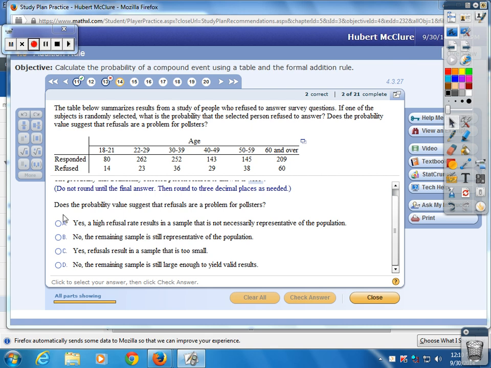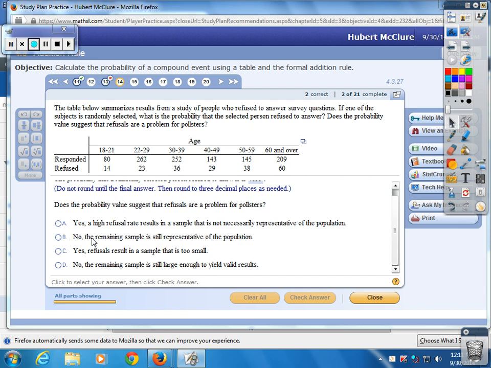Lost my trust. Does the probability value suggest that refusals are a problem for pollsters? Well, 200 out of 12. Wasn't it 1,200? 1,291? I would say no. But it all depends if you want 100% versus 80%.